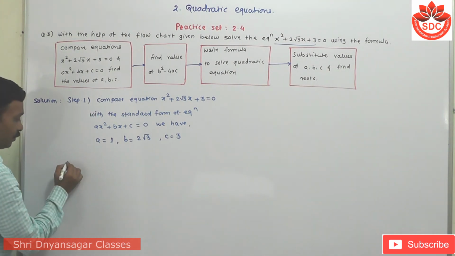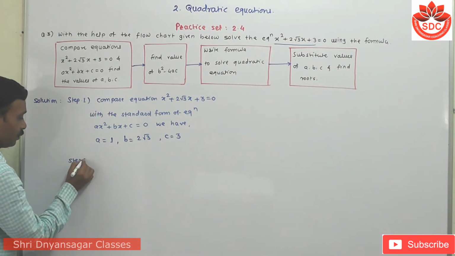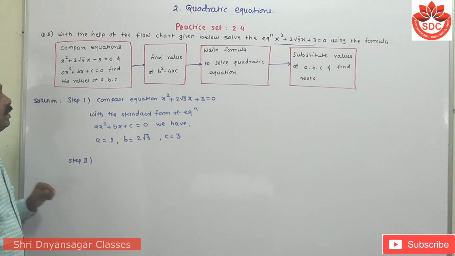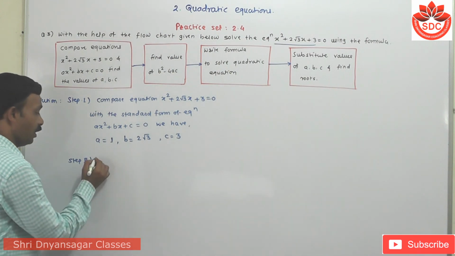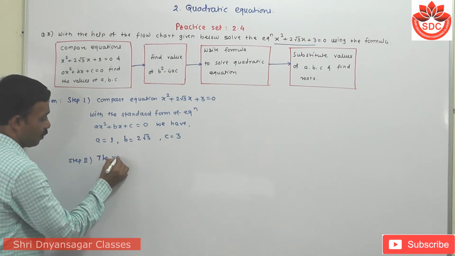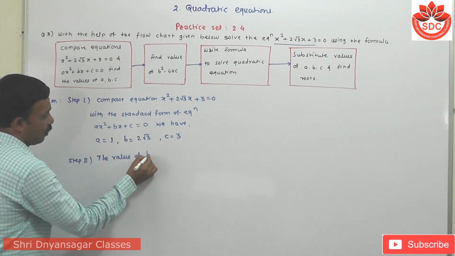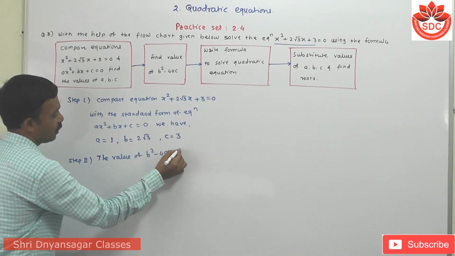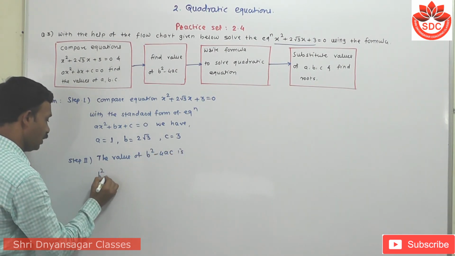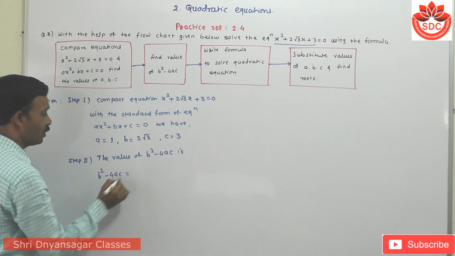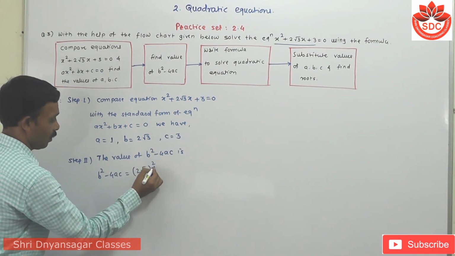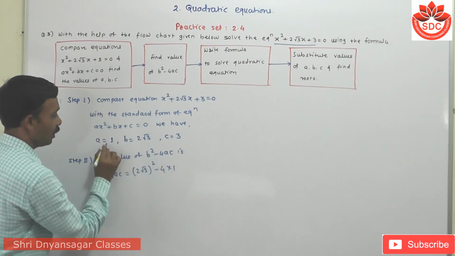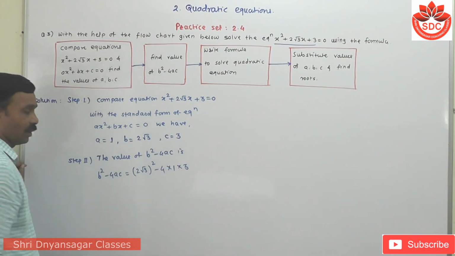Then step second. This step is to find the value of b square minus 4ac. So b square minus 4ac is equal to b is 2 root 3 square minus 4 into a is 1 into c is 3.